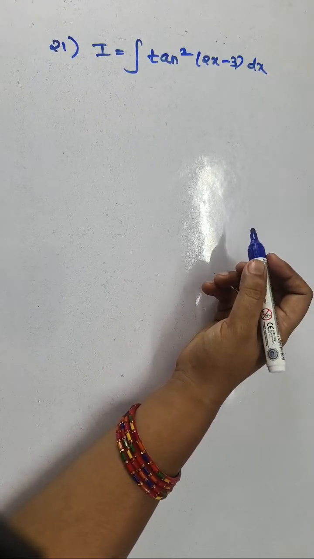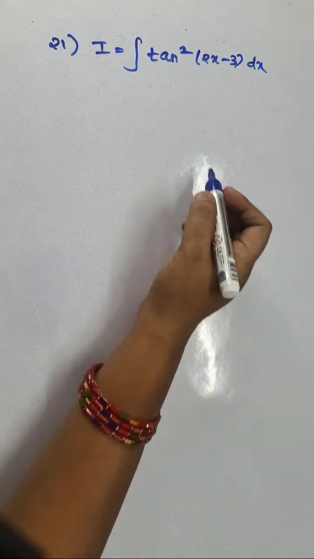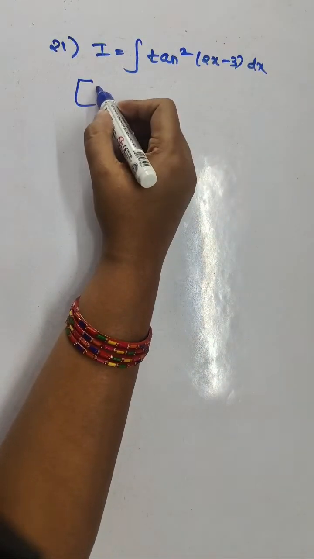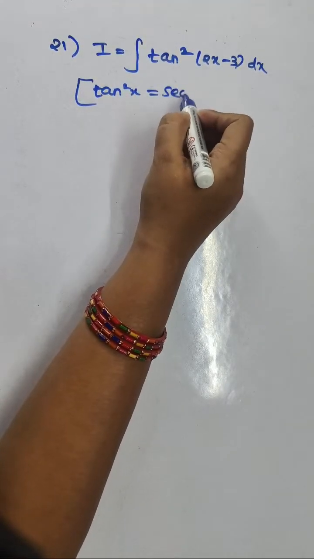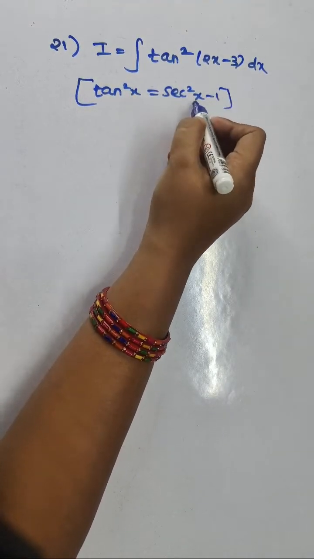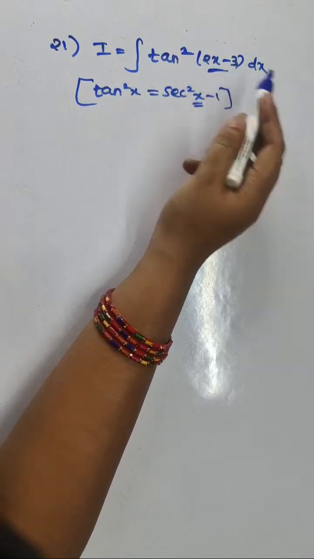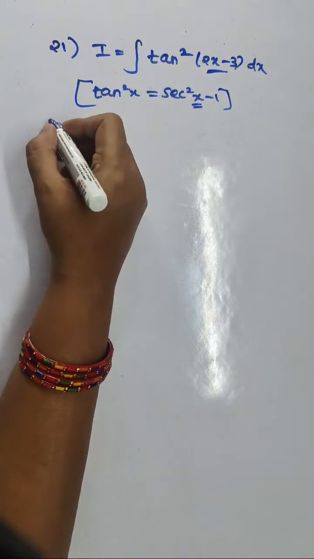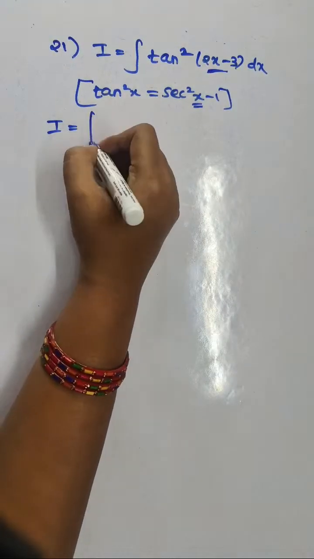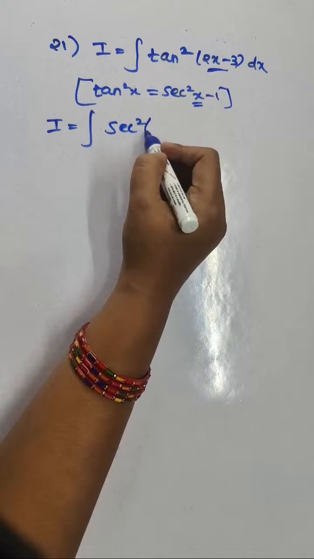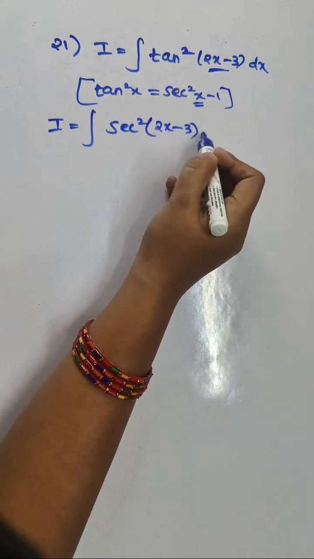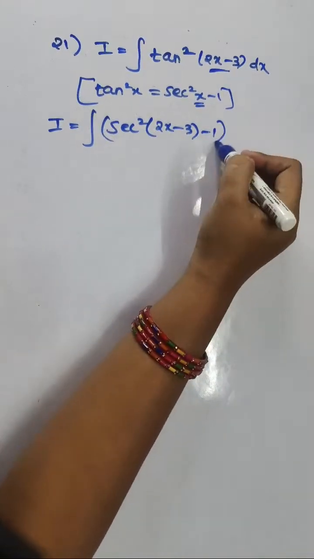So you have to use the trigonometric identity, that is, we know tan square x is equal to secant square x minus 1, and in place of x you have 2x minus 3. So replace that identity. So I equal to, in place of tan square, we are writing secant square of 2x minus 3 minus 1 dx.